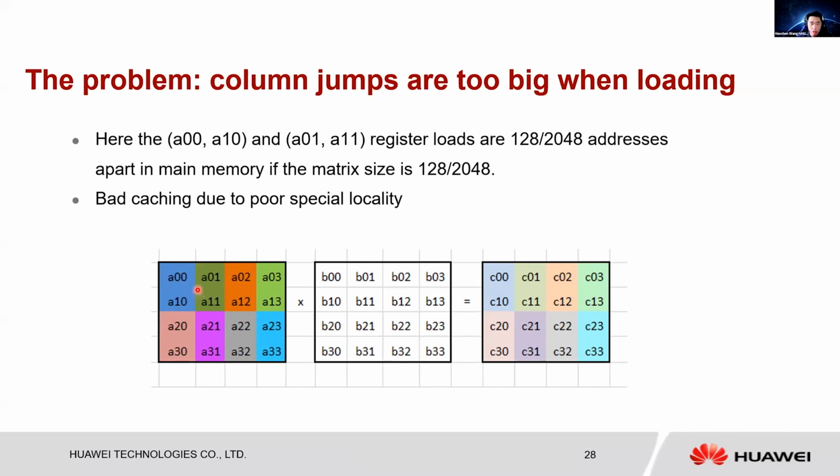It's acceptable. But if your matrix is very large, like maybe 2048, then this jump in addresses is going to be 2048, which has very, very bad caching because it has very poor spatial locality. That's why in the first version, we have a very fast degrading performance.